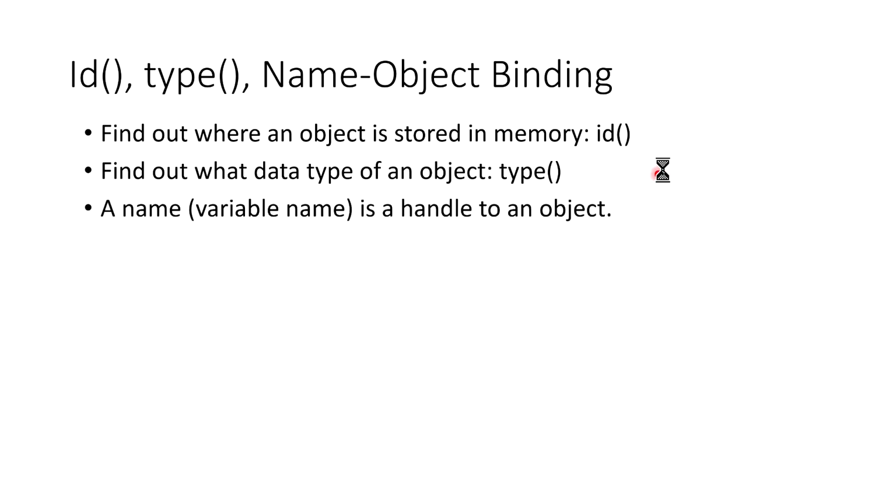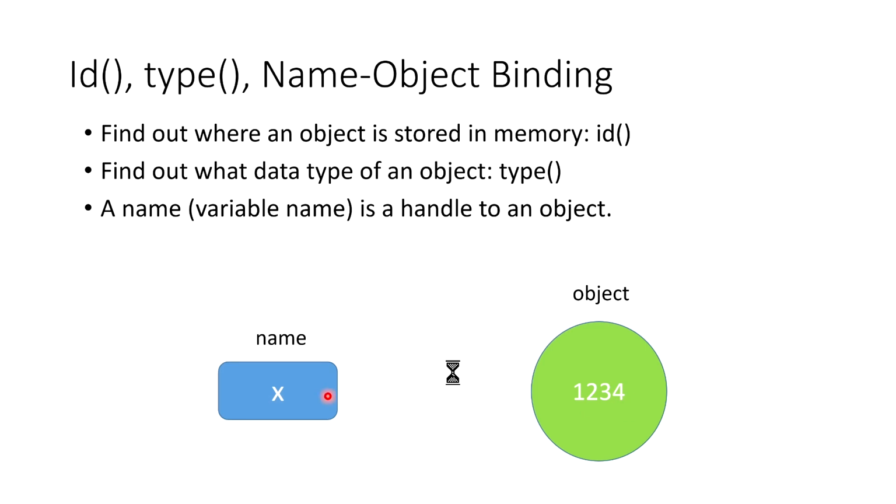A variable name is actually a handle to an object. For example, here I have an object, an integer 100, 234, and we have the name, or variable name, x. Then the name to object is the classical binding, so we say the name is bound to this object.